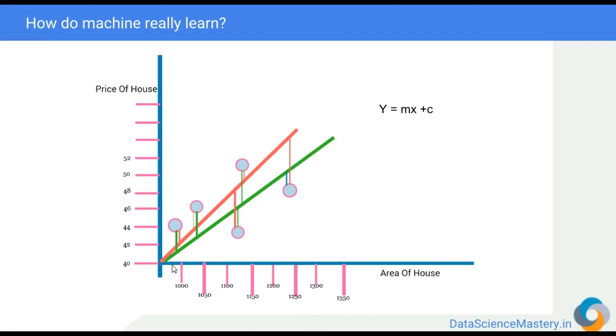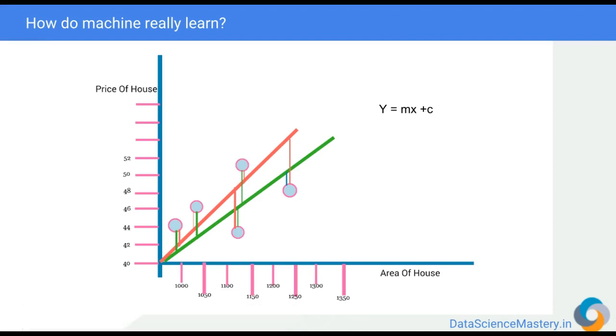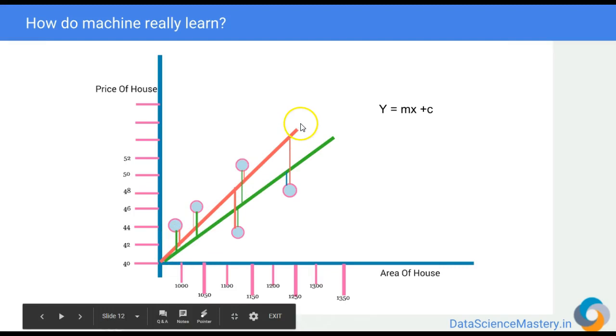And so the line actually is the model. Why do I say that a line could be a model? Because a model is something which learns from the data, and this line, let's say one of the lines right now, is a model because it kind of represents the data.